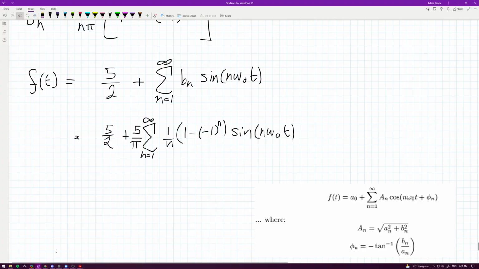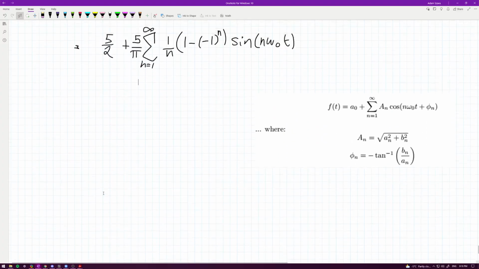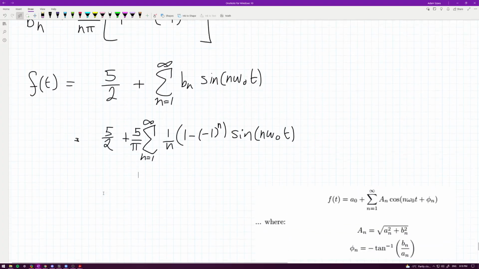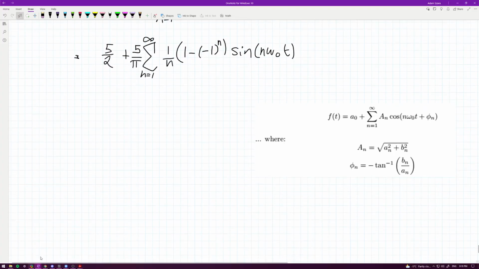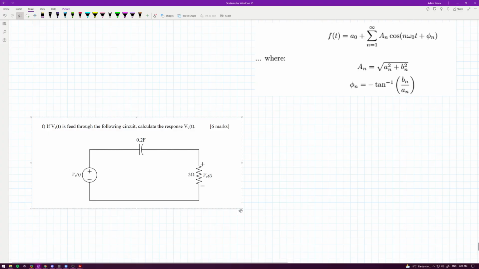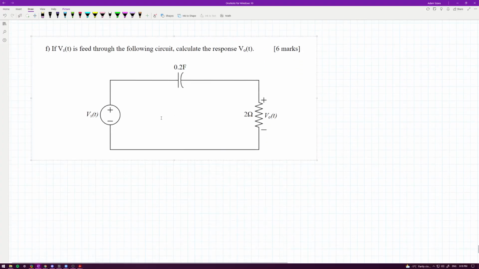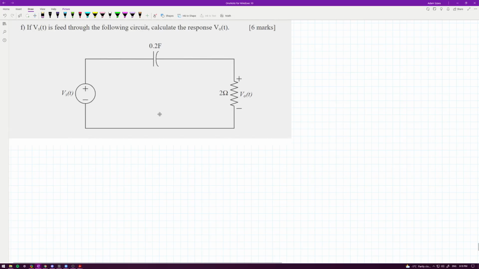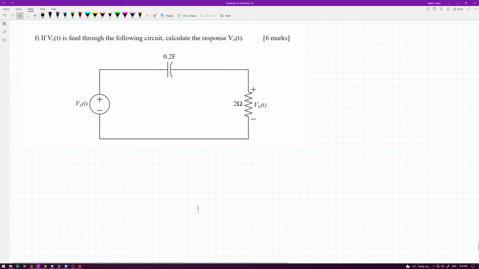What time is it? Okay, I only have a couple more minutes left, so let's see how we would do it. Most likely on the test itself, they are just going to ask us to find the coefficients using the first couple terms. I think Andy confirmed that it's going to be just the first couple terms. They will not ask you to do it in full generalization of n, right?